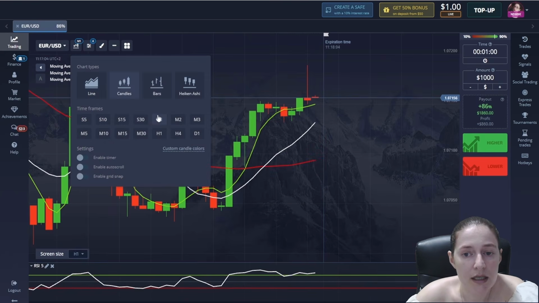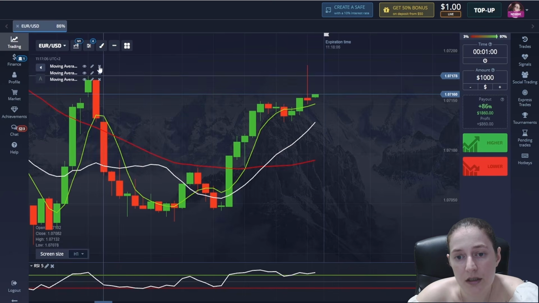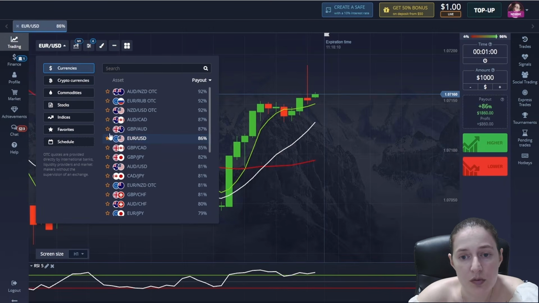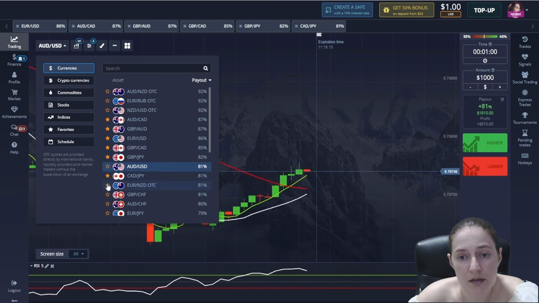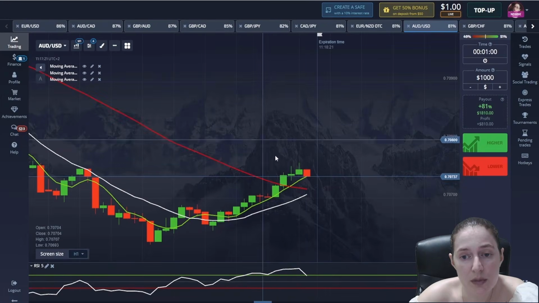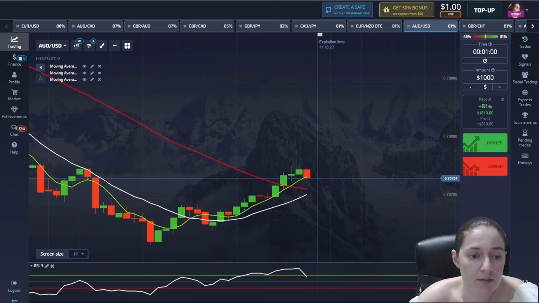So I set the candles at 1 minute and trade 1 minute intervals, and I also put high percentage currency pairs. Then I will try to find the best entry point and explain why I'm entering the trade.